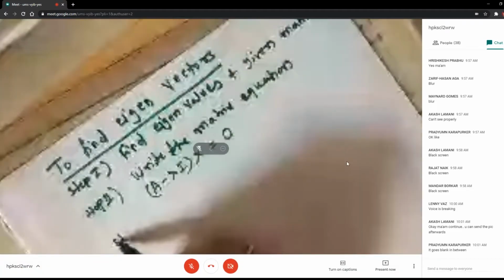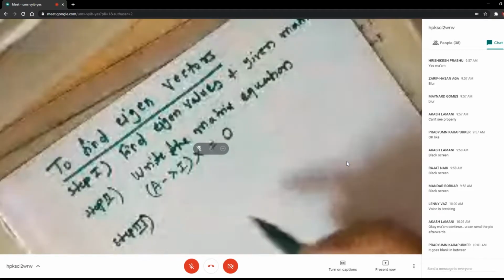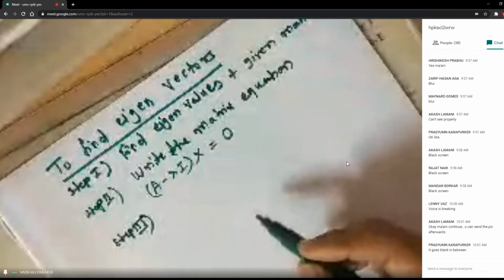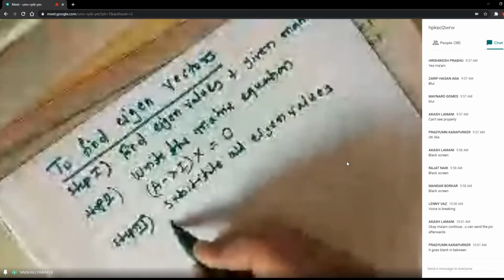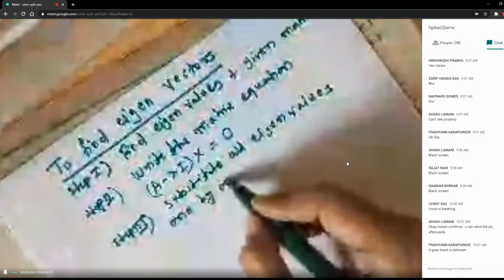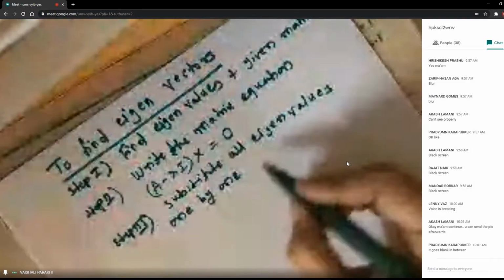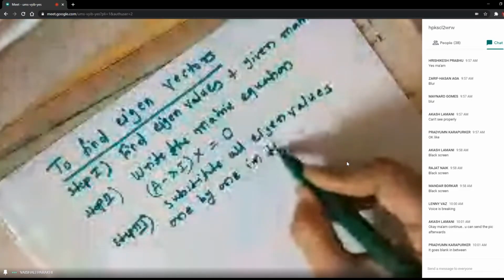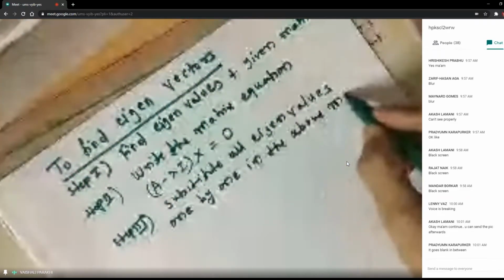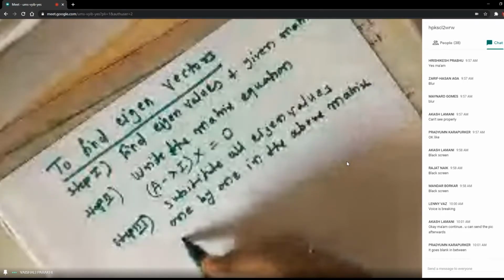Now step number 3. Step number 3 is substitute all eigenvalues one by one in the above matrix equation.